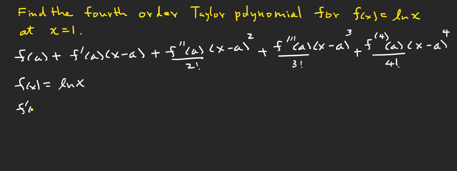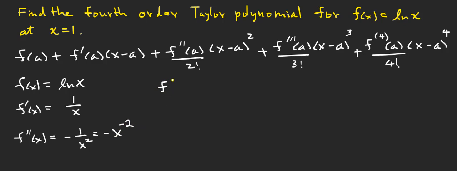And what is f prime of x? That's 1 over x. And what is f double prime of x? That's negative 1 over x squared, which is the same thing as negative x to the negative 2. What about the third derivative? That's going to be 2 times x to the negative 3. What about the fourth derivative? That's going to be negative 6x to the negative 4.